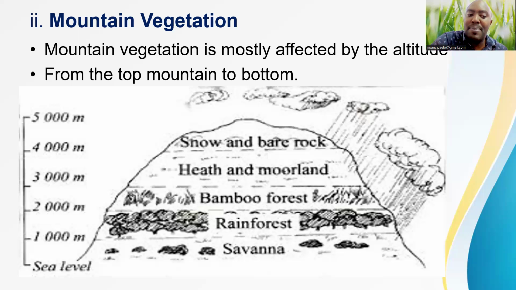Then 3,000 meters to 4,000 meters above sea level, it's heath and moraine. Then 4,000 meters and above, it's snow and bare rock. So that's mountain vegetation. Key to note, it's affected by the height above sea level, which is the altitude.